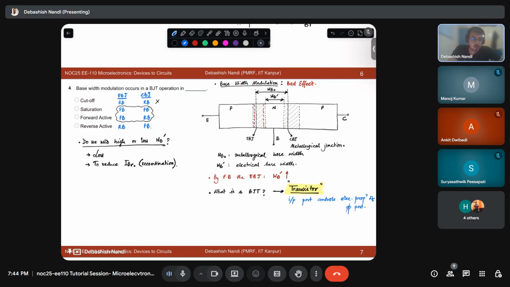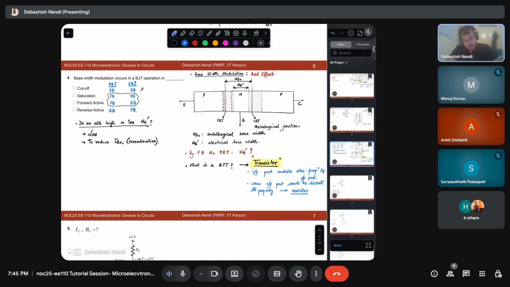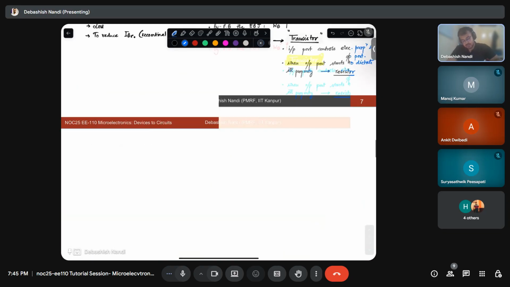When my output port starts to dictate its property, it becomes a resistor, because by applying voltage you are changing the current, that means it has become a resistance. It can be non-linear resistance, but it is after all a resistance.